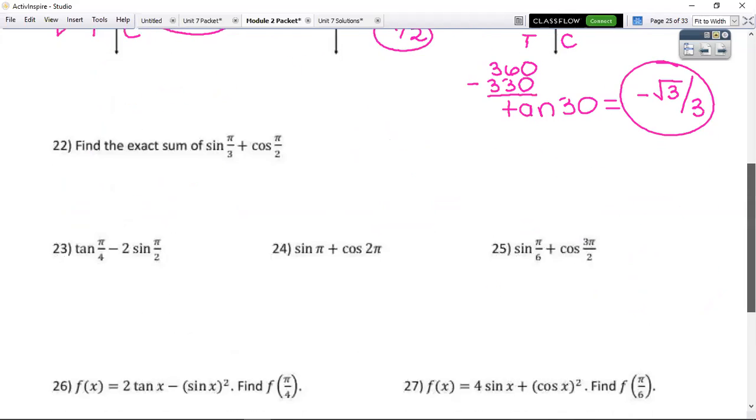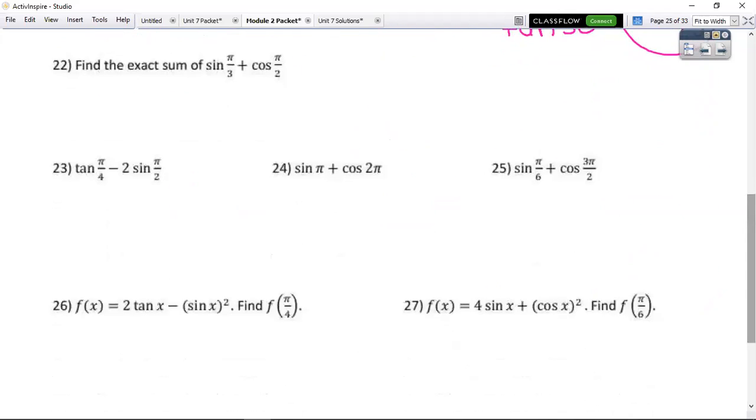Next, just a couple more exact value ones. I'm going to skip around a little bit too, and we'll do a couple more of these tomorrow, so don't cross anything off. So let's see, 22 will be fine. How about, let's do 23. So 23, tan of pi over 4. So that's 180 over 4, which is equal to 45.